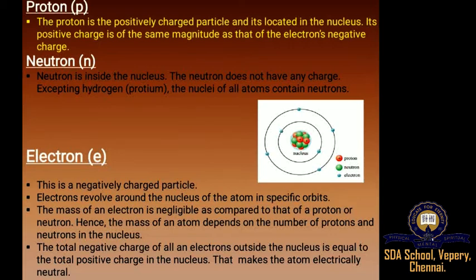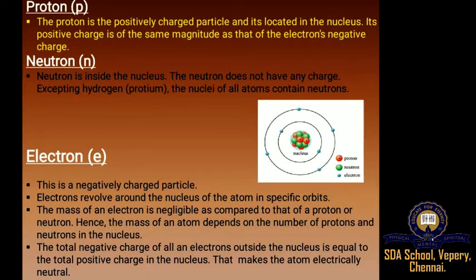The next is electron. We all know, right? Electron is negatively charged. Electrons revolve around the nucleus of the atom in specific orbits. The mass of an electron is negligible as compared to that of a proton or neutron.